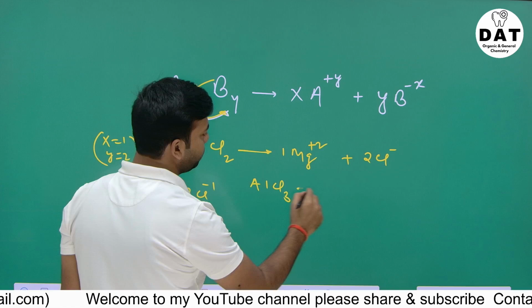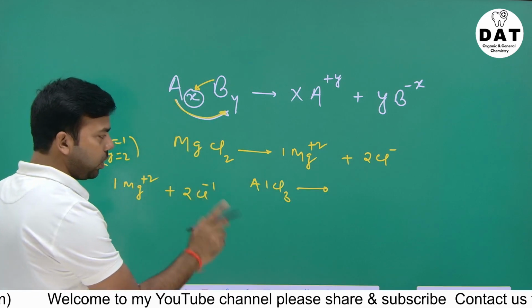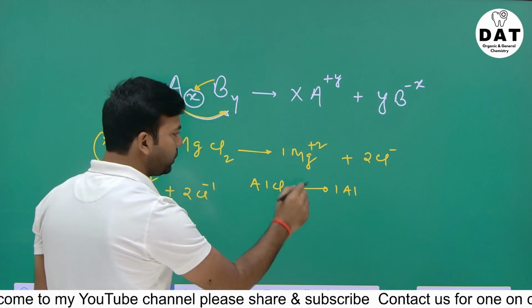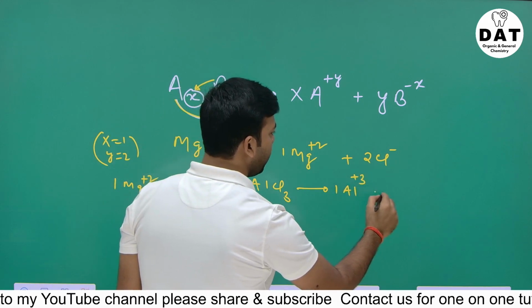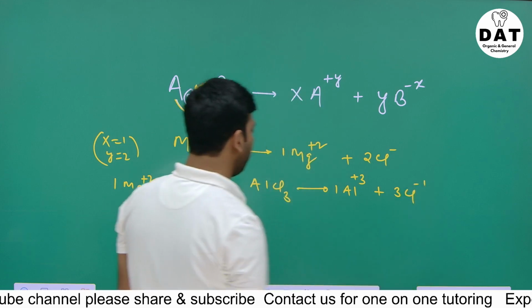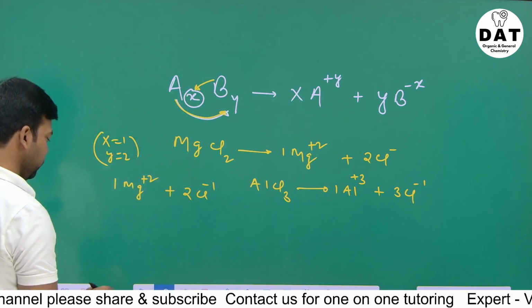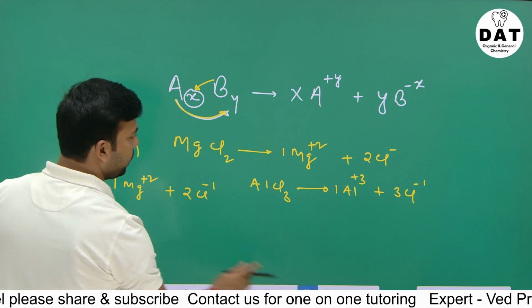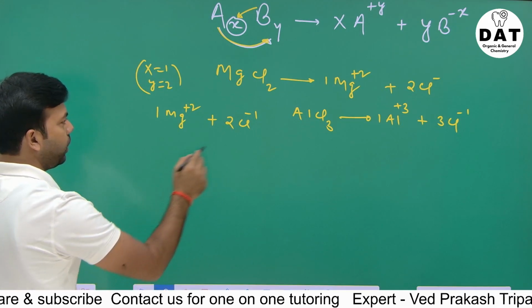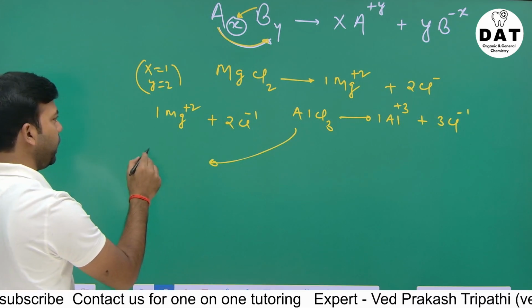Suppose you have here AlCl3. So again cross multiplication, Al is just 1, so 1 Al, power will be 3+, and here 3 Cl minus 1. You can do this one as well like this. For AlCl3, what is my x? 1.